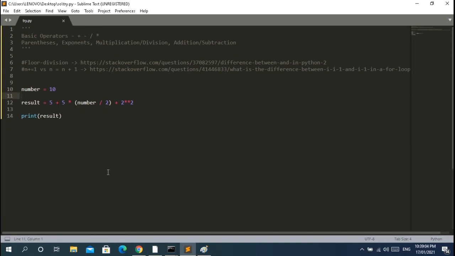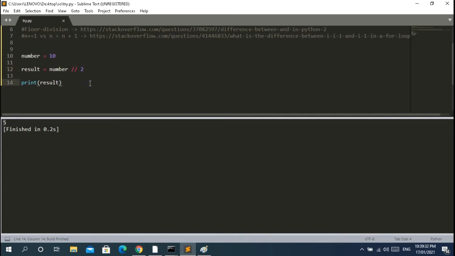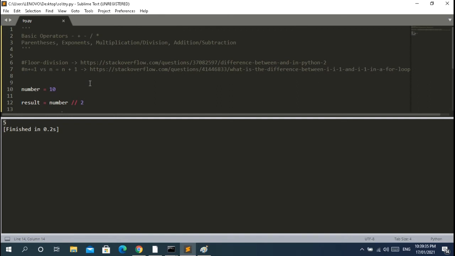Let me move on. As you saw earlier, number divided by 2 is basically 5.0. I also have something here about floor division. What is floor division? When you add another slash here, it returns the whole number. Remember in Python, when you perform a division operation, the result is a float data type.